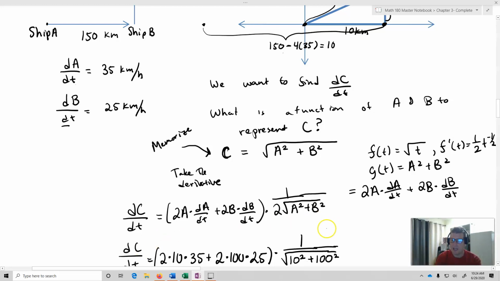So I differentiated using the chain rule, remembering that my function was a function of t, so I had to do implicit differentiation. And then once I did that, I could just plug in my values. Very process driven, but if you get the process, these questions get a lot easier. All right, let's try another one.